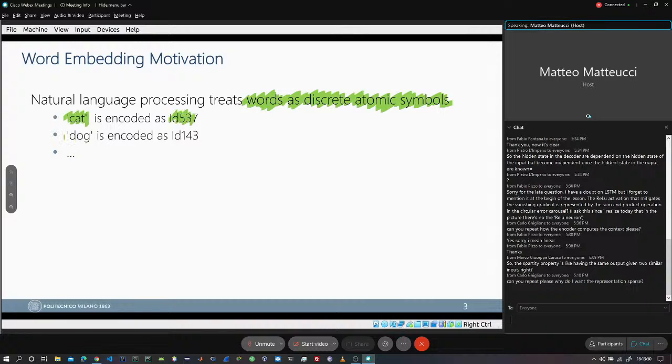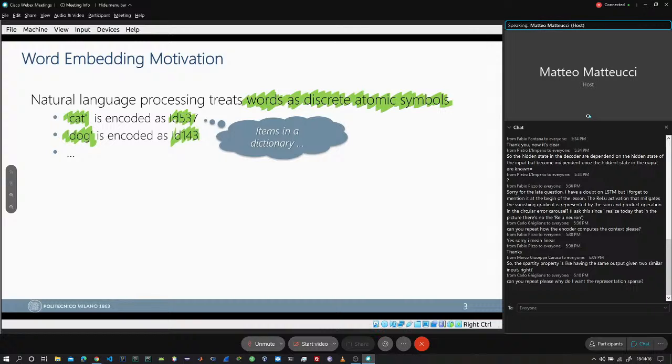The term dog is encoded by another unique symbol, and there is no semantical content whatsoever in these symbols. Usually, these symbols are the position of the word cat and the word dog in a dictionary.